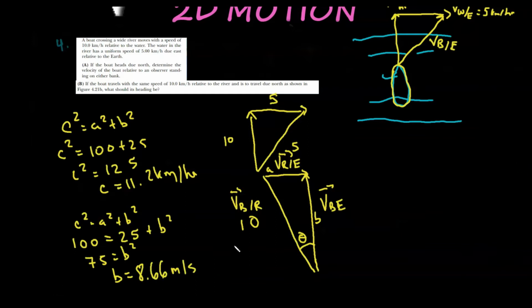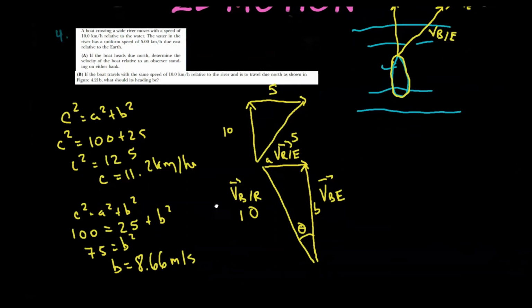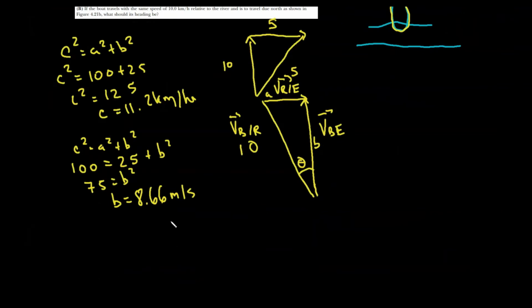And our angle phi, or theta, from the triangle will be tan inverse of 5 over 8.66. So it's equal to 30 degrees.